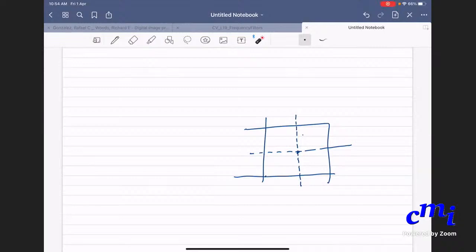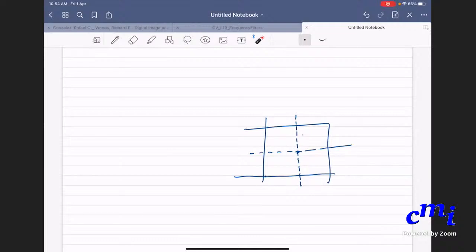That is why all these filters that you see are centered around this origin. Because the same frequencies are appearing in all these places, you just apply the same transformation in all of them, and that is why all these filters appear circular.